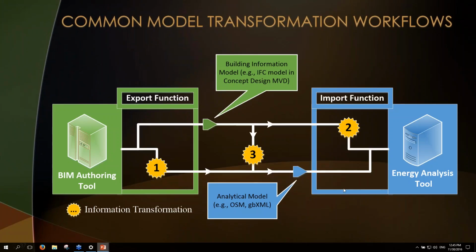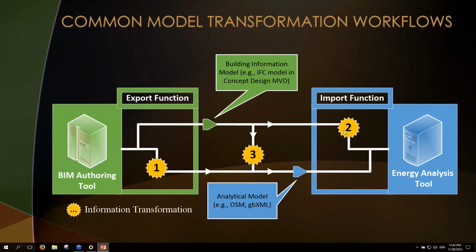But before that, let me talk about different approaches for exporting a model from BIM authoring tools to energy analysis tools. One way could be exporting an analytical model, a design transfer view or coordination view, and then interpreting the analytical model in the energy analysis tool.